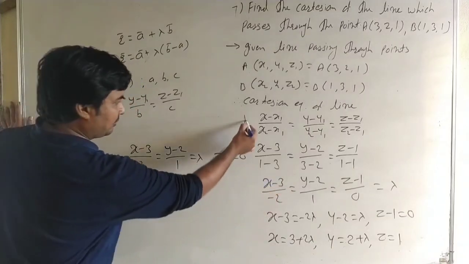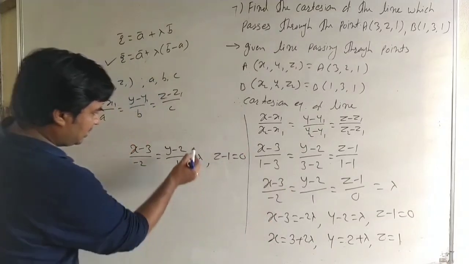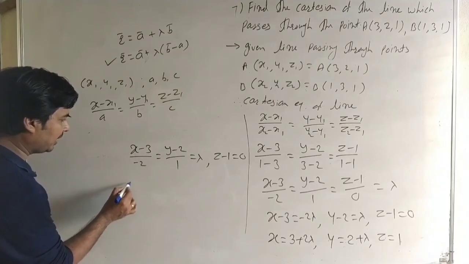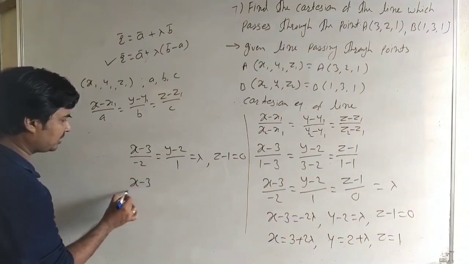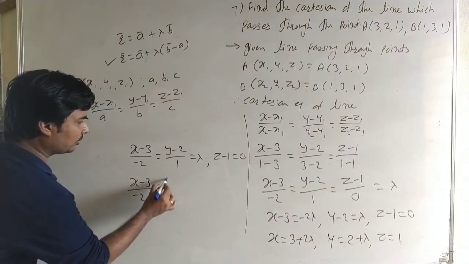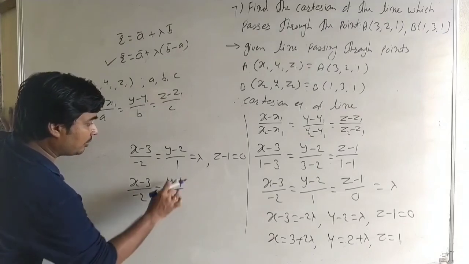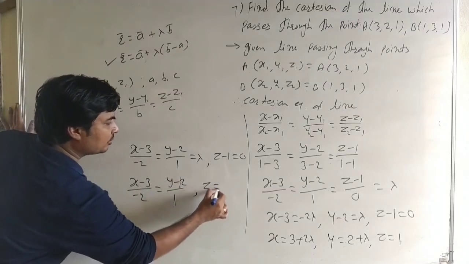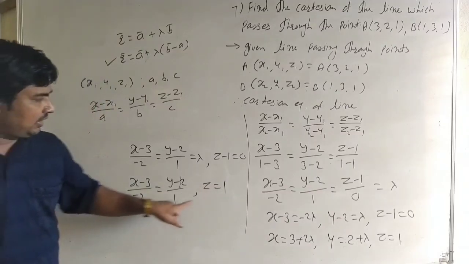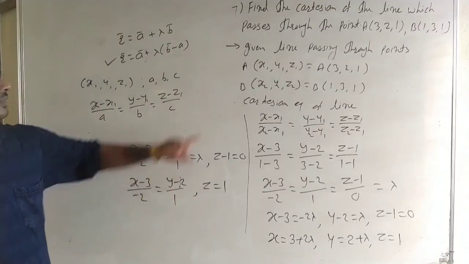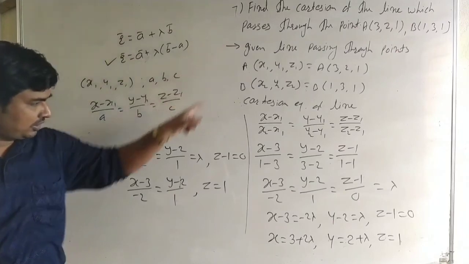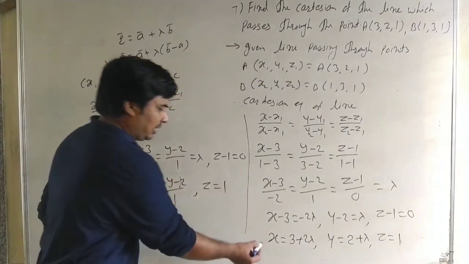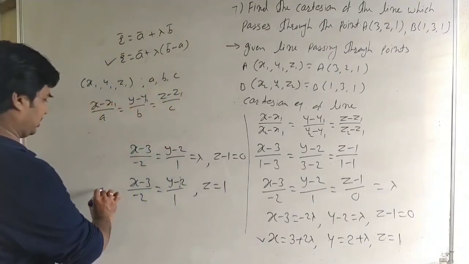This equation can also be written in this form, and therefore the required equation of line is x minus 3 upon minus 2 is equal to y minus 2 upon 1, and z is equal to 1. It is a Cartesian equation of the line passing through these 2 points. This equation can be written like this or this.